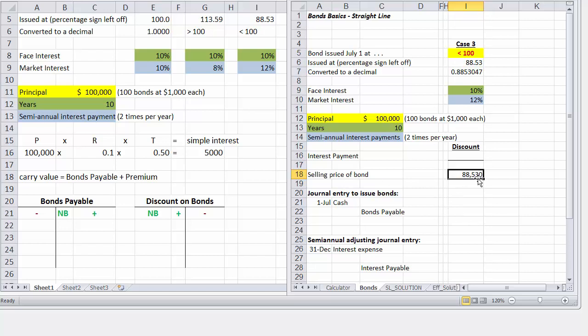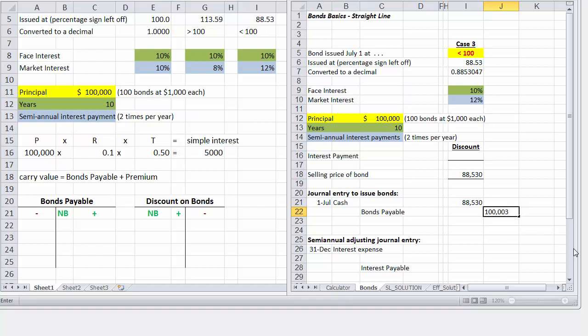So our selling price, $88,530. So what we're going to do is debit our cash for $88,530, and the amount that we have to pay back is $100,000.